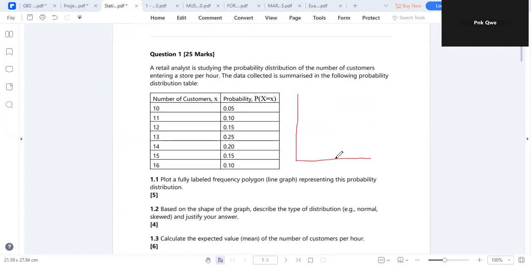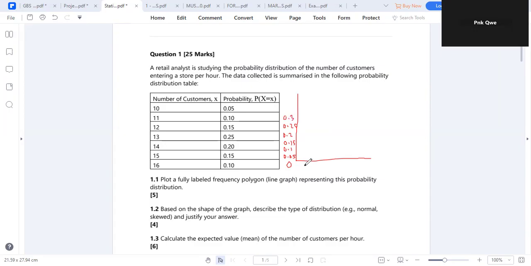We have the probability axis with 0, 0.05, 0.1, 0.15, 0.2, 0.25, 0.3.